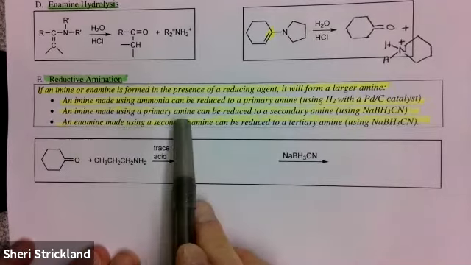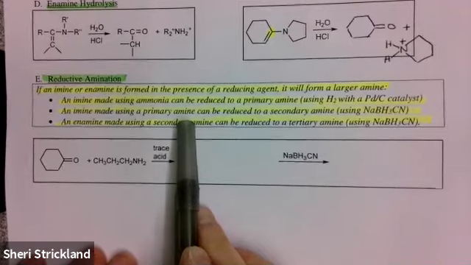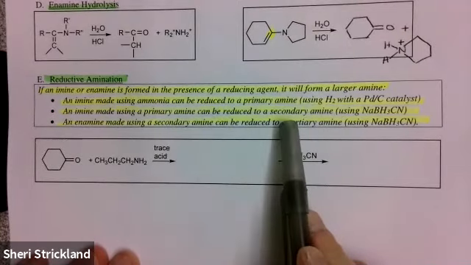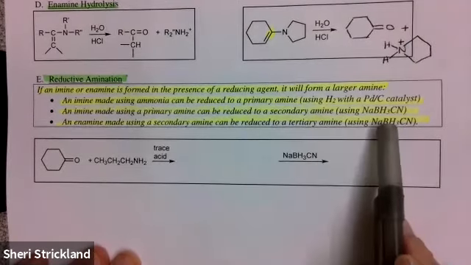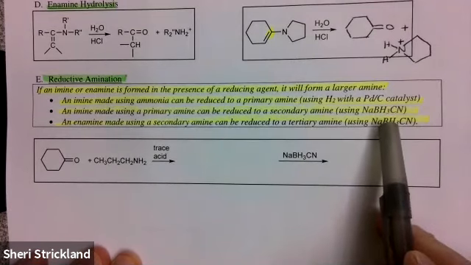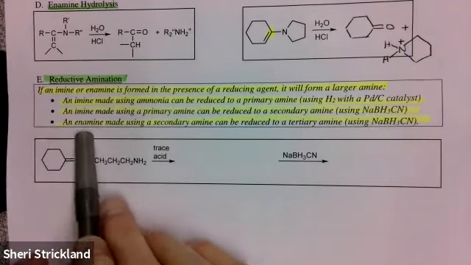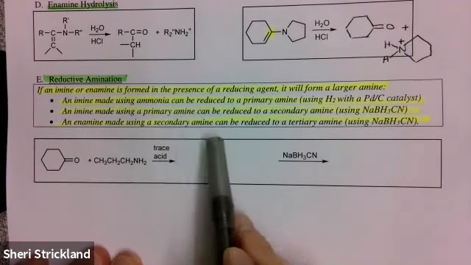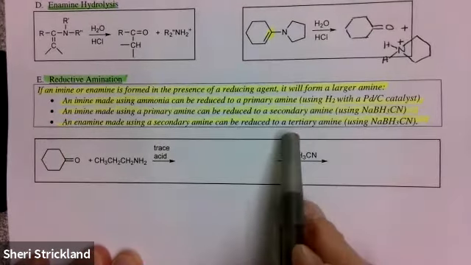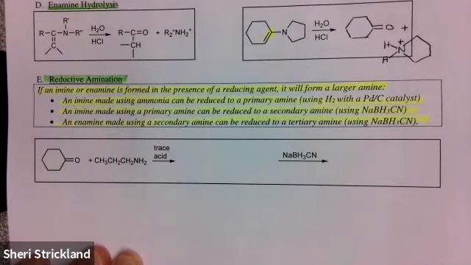If you made the imine using a primary amine to begin with, it will be reduced to a secondary amine using this fancier hydride transfer reagent called sodium cyanoborohydride. And if you made an enamine using a secondary amine, it can be reduced with the same compound to a tertiary amine. So this is a way of making a larger amine, basically.